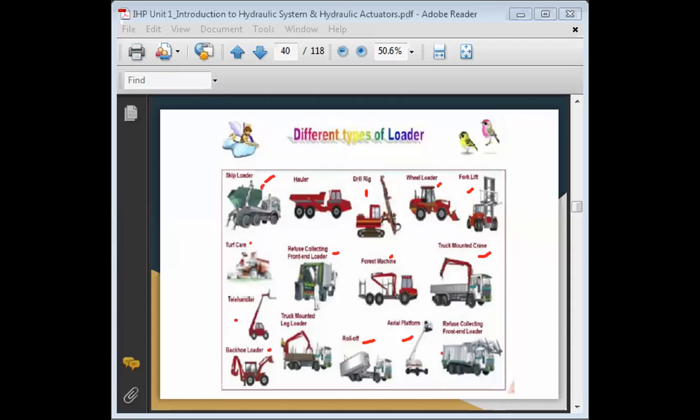So these come under the category of the loader which I have shown, which are used in one or other work in the construction industries. Getting it? Now let us move to the next one.